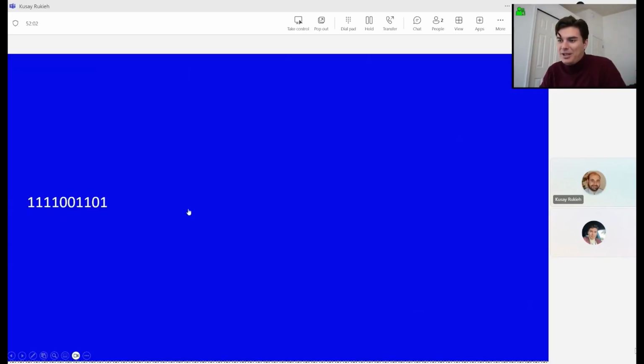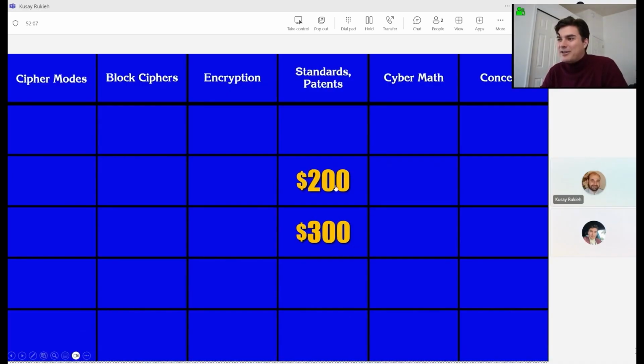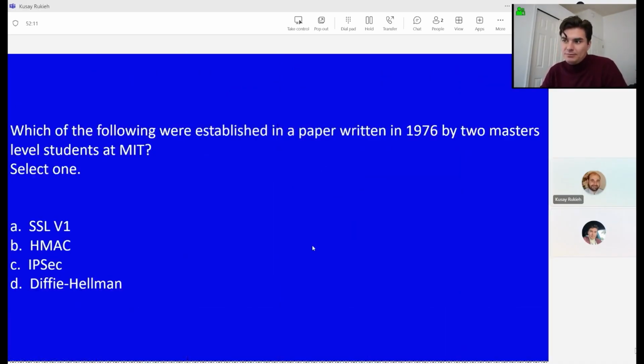We need more of these. All right, let's go with standards and patents for $200. Which of the following were established by a paper written in 1976 by two master students at MIT?